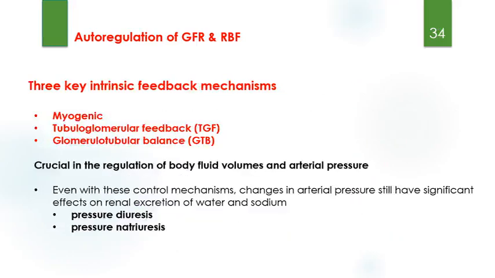There are three key mechanisms for autoregulation of GFR and RBF: myogenic, tubuloglomerular feedback, and glomerulotubular balance, known as GT balance. These mechanisms are crucial in the regulation of body fluid volume and arterial pressure.